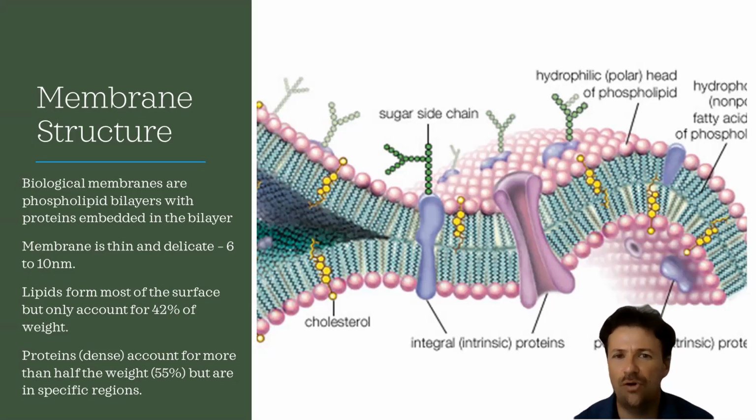The lipids form the vast majority of the surface area of the membrane. But actually, if you were to look at it by weight, embedded in the lipids are proteins. And the proteins actually form a greater proportion by mass of the cell membrane, maybe approximately 55%. So the two major components of our cell membrane are the phospholipids and the proteins.